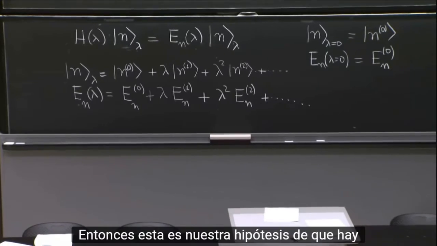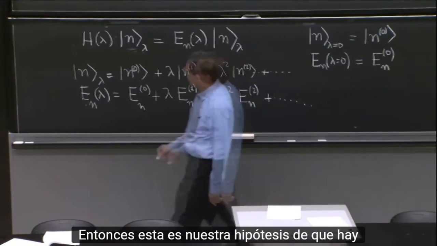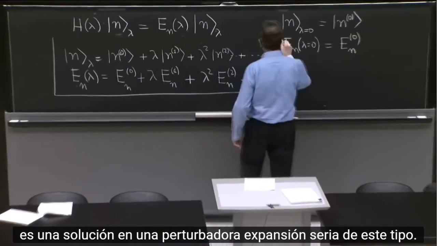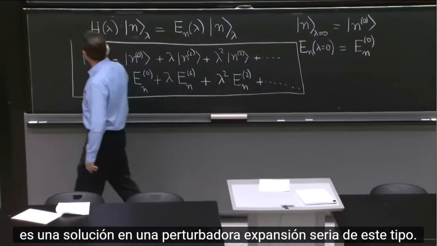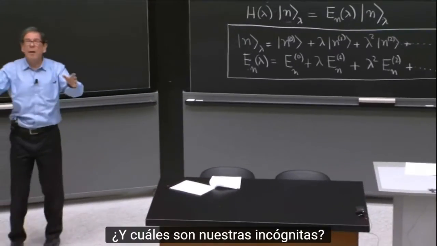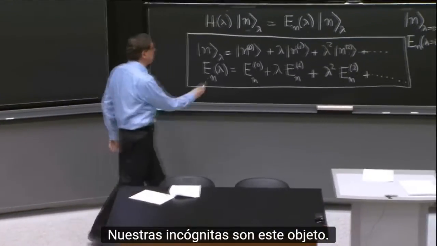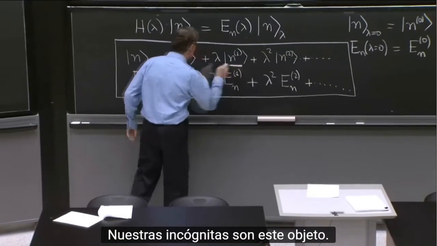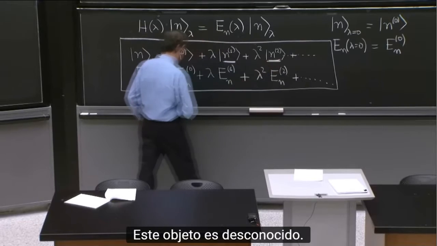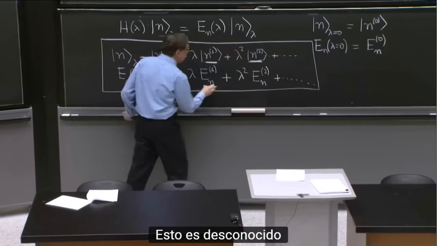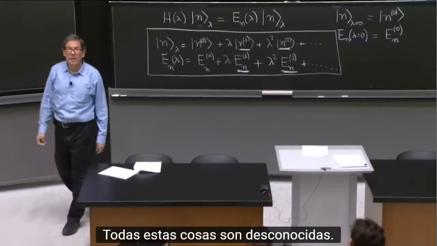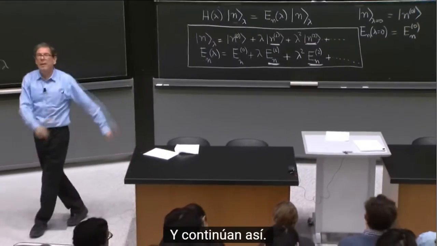So this is our hypothesis that there is a solution in a perturbative series expansion of this kind. And what are our unknowns? Our unknowns are these objects. This one we know is the original state. This object is unknown. This is unknown. This is unknown. All these things are unknown, and they go on like that.